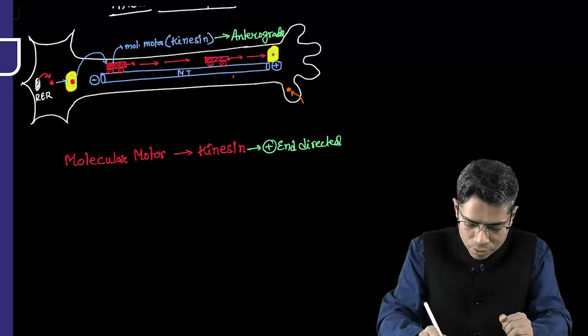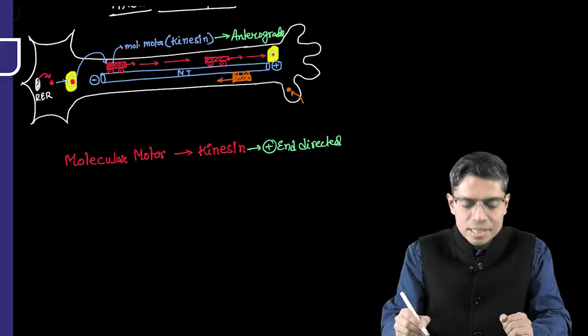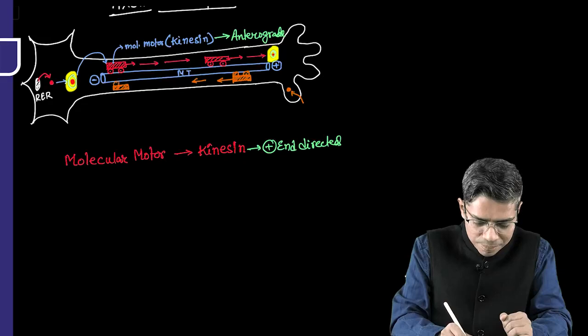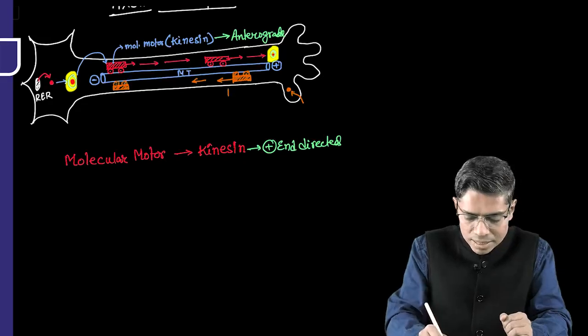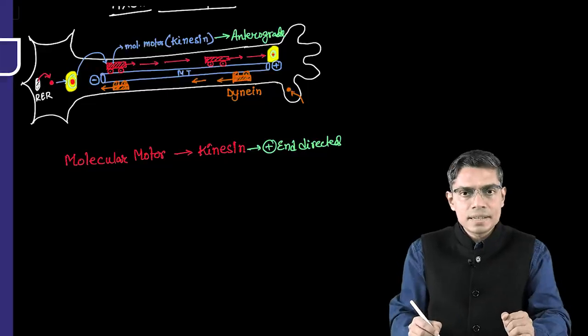Let's discuss. So another Indian railway system is here. This railway is moving in the opposite direction, and the name of this molecular motor or this railway system is nothing but dynein, which always moves in the retrograde direction.